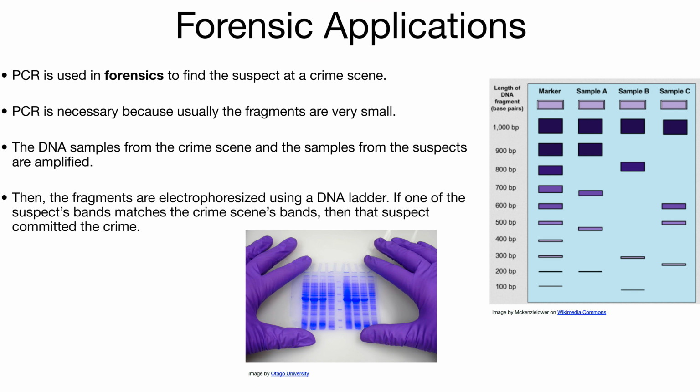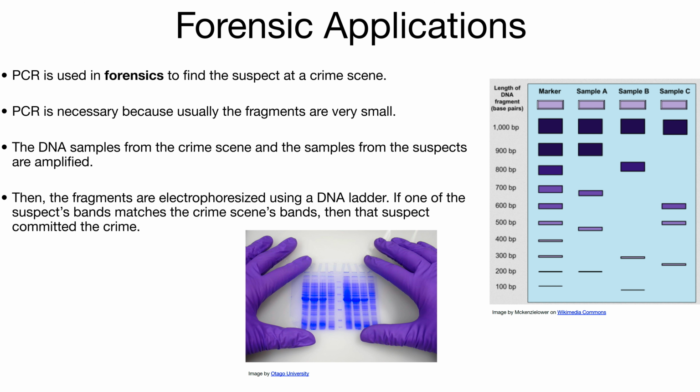Then the fragments are electrophoresed using a DNA ladder. If one of the suspect's bands matches the crime scene's bands, then that suspect committed the crime. So in this image, you can see this first line is a marker. But you can compare the crime scene to them.